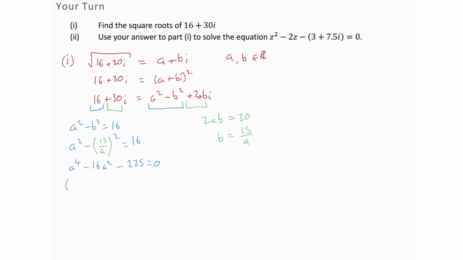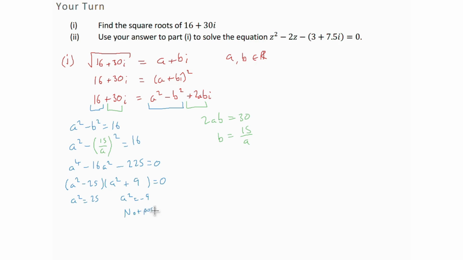This is a disguised quadratic and factorizes to, 25 and 9, we're going to need minus 25 and positive 9, which means a squared is equal to 25, or a squared is equal to negative 9.